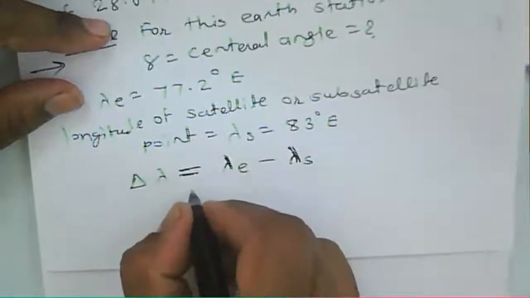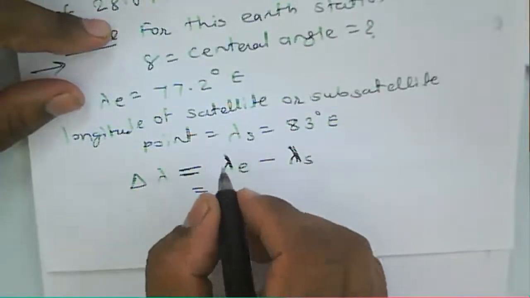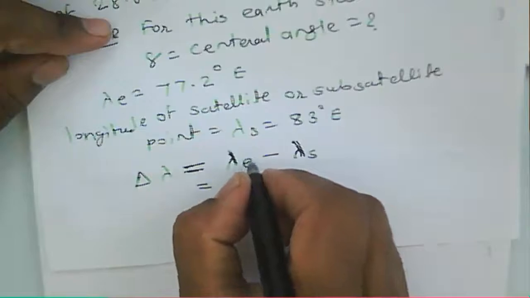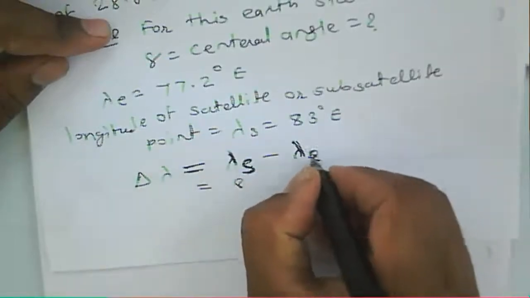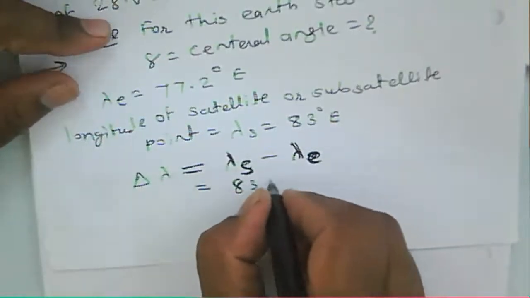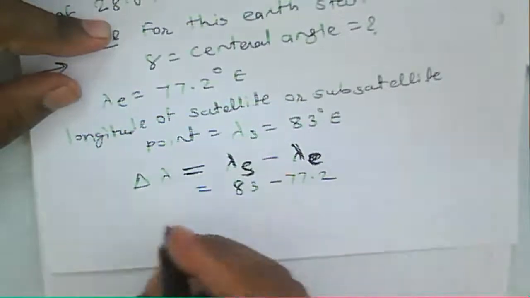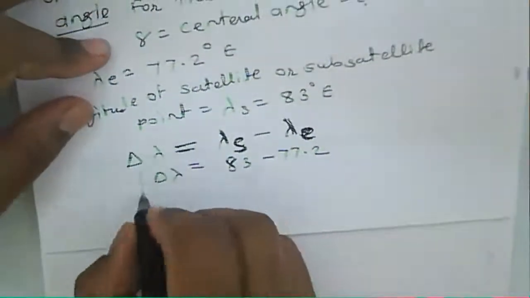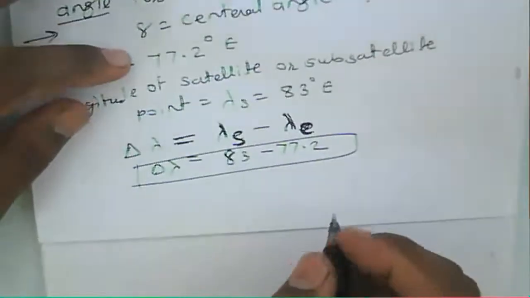So we can find out what will be the delta lambda. This one is lambda s minus lambda e, so 83 minus 77.2, that is nothing but delta lambda.